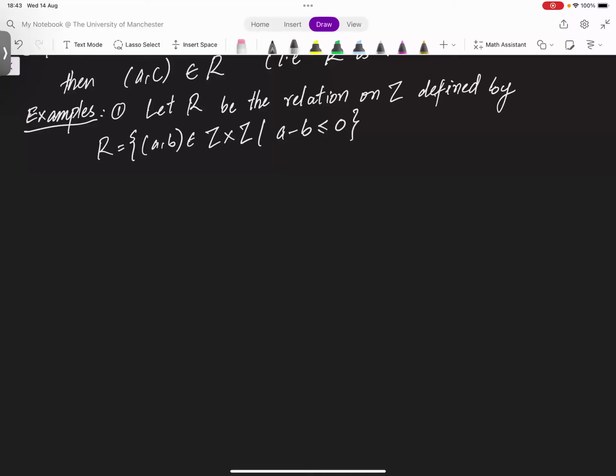This is the relation. We show that R is a partial order on Z.